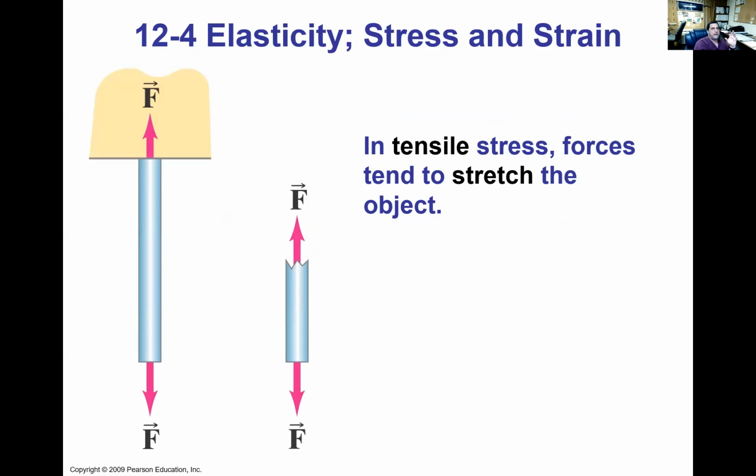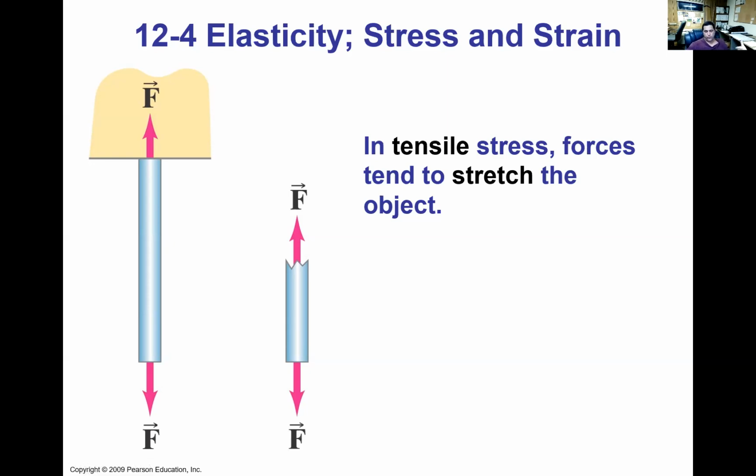So there are different forces objects can encounter. You have tension, compression, and shear are the most common. There's others, but the most common you're going to find are tension, compression, and shear. So tension is where you pull on the two ends of something and try and stretch it or elongate it out.